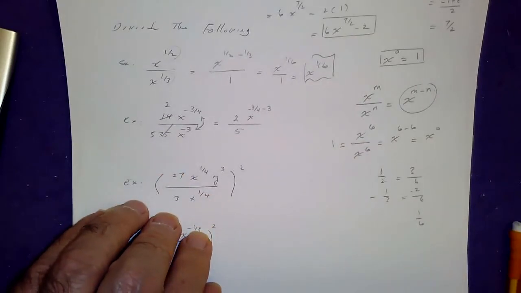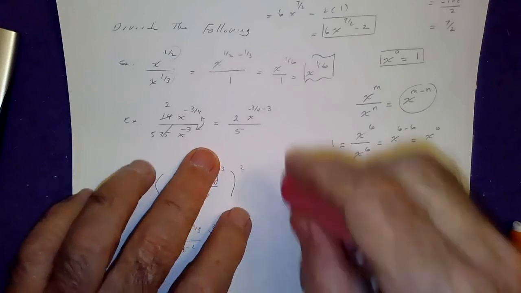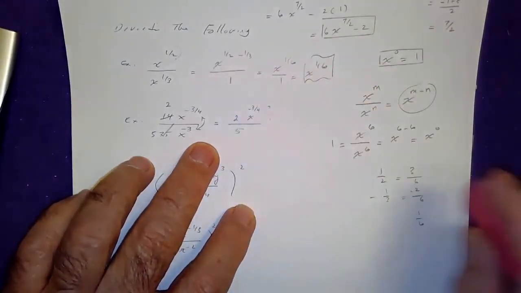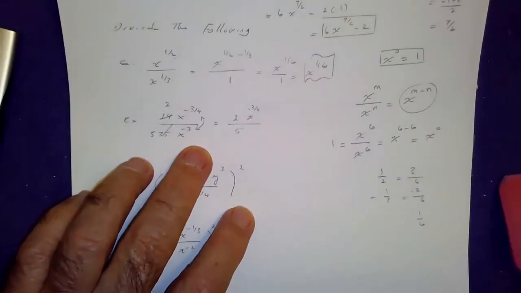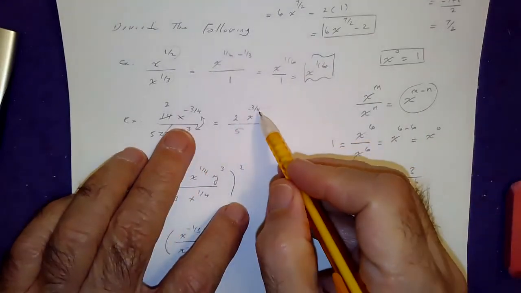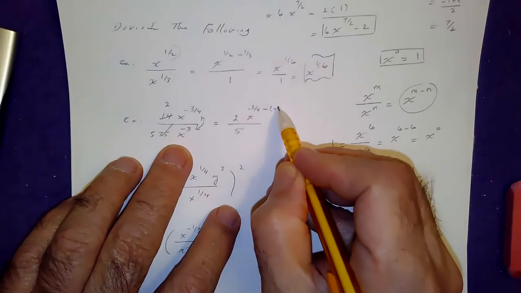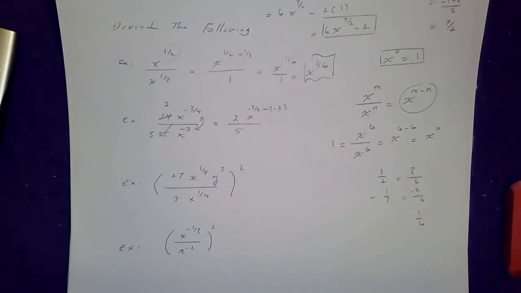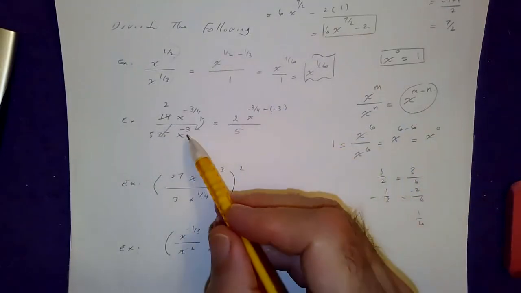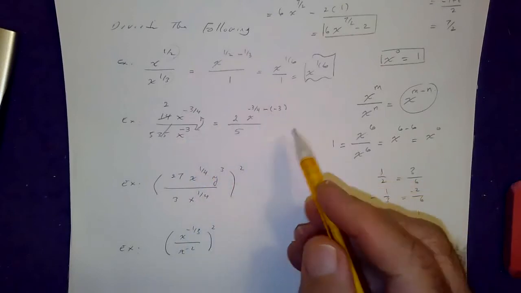Sorry about that. So let me just erase this quickly and say, aha, we're supposed to subtract, so that would be negative 3/4 minus 3. Remember, you're supposed to subtract, but this guy is negative, so it's minus 3.